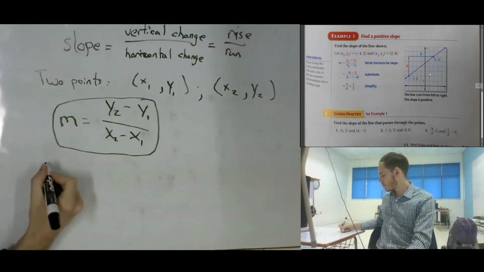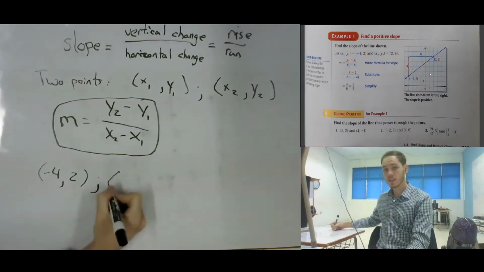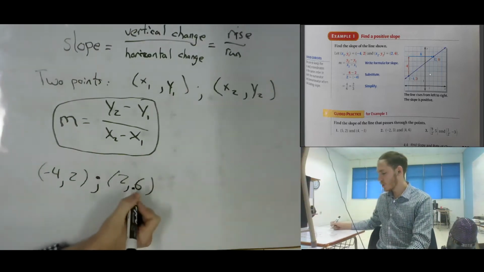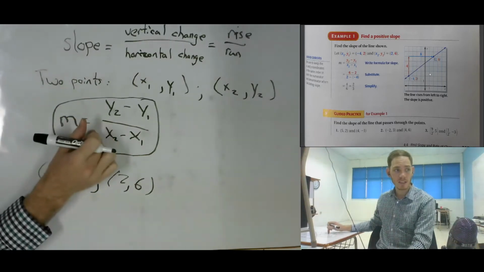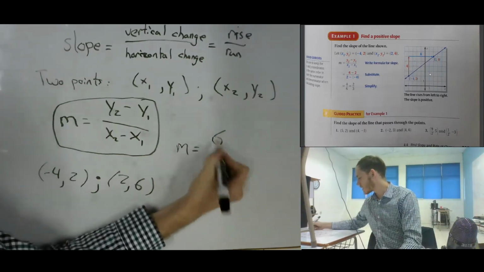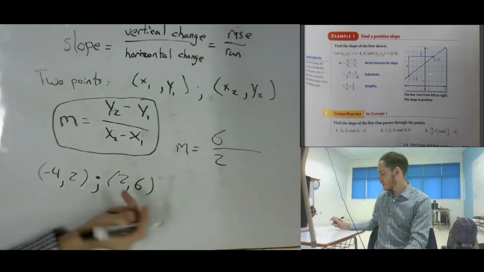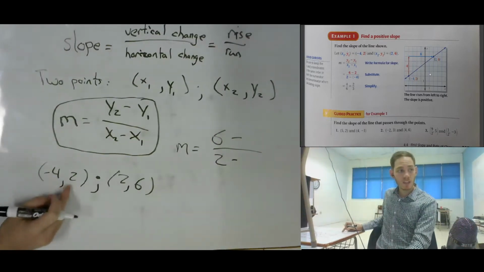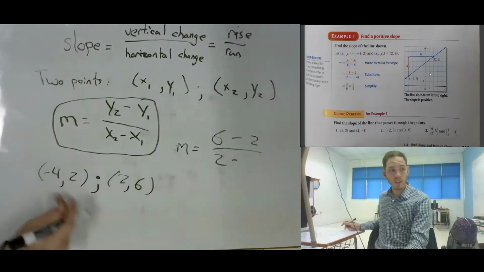So let's say we have 2 points, (negative 4, 2) and (2, 6). We're going to plug in 6 and 2. Notice our y2 and x2 are first. So m equals 6, our y, over 2, our x, and we subtract y1, which is 2, and we subtract x1 from the bottom.